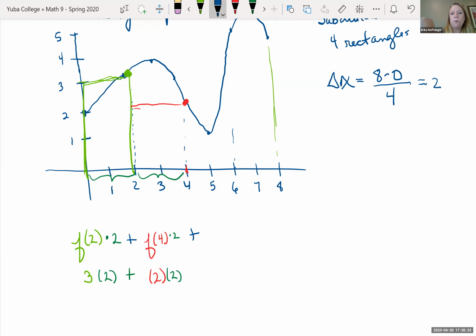Plus, so if we go to the right-hand endpoint, that's at 6, we go up to the height of that. So doing that, f of 6, we can see f of 6 is at 5 times the width of 2.